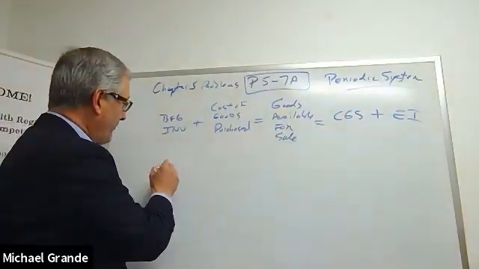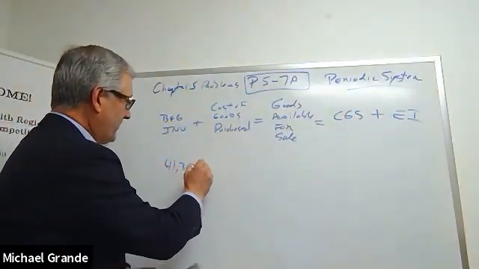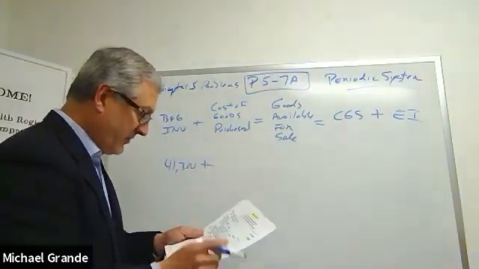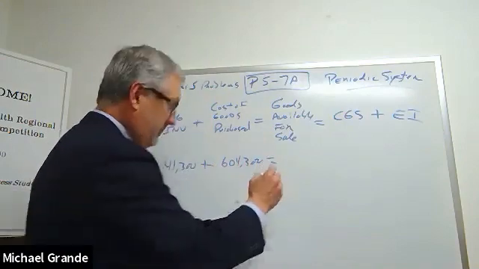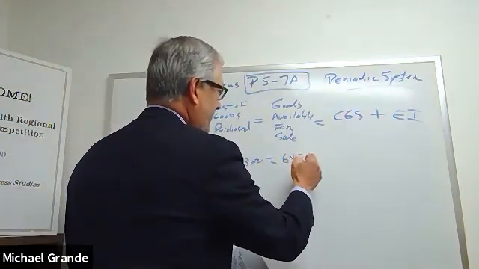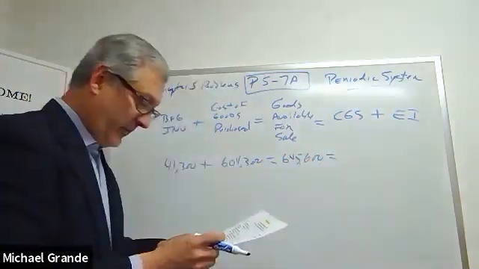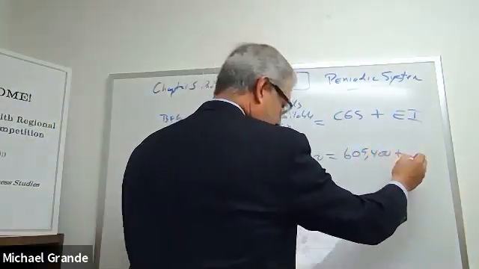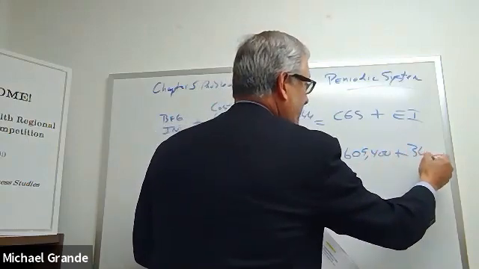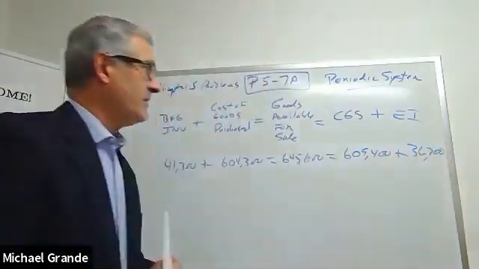So in this case, it's $41,300 plus cost of goods purchased, 6,043 equals 645.6, which also equals what? 6,094 plus my ending inventory of $36,200.